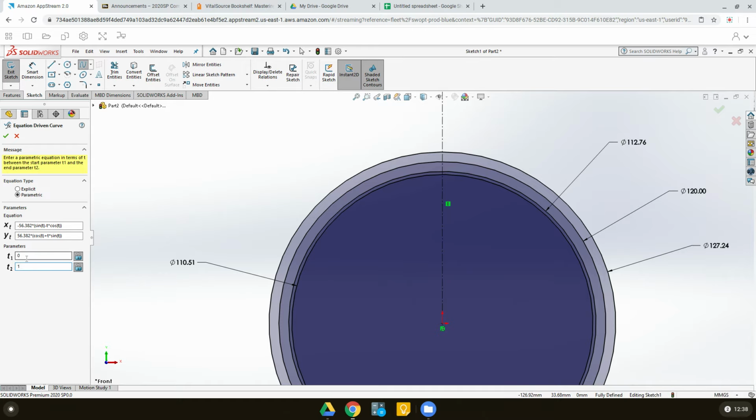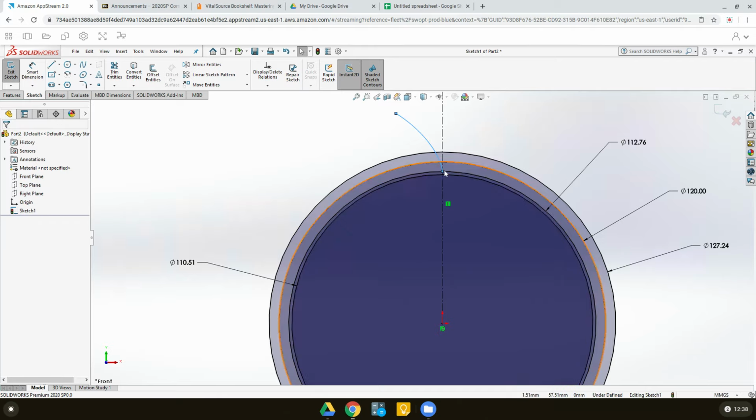So this angle 0 to 1 is sufficient, and SolidWorks will automatically do increments, maybe 0.1. The software takes care of that. And click OK. And here is what you got, the involute profile. We really need to chop this portion here, but we'll worry about that afterwards.